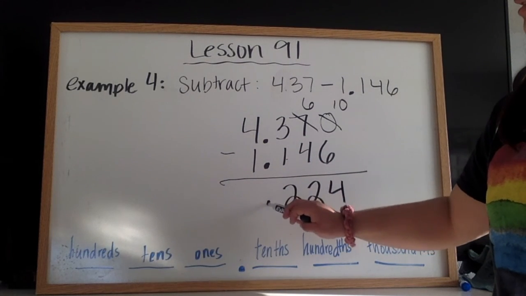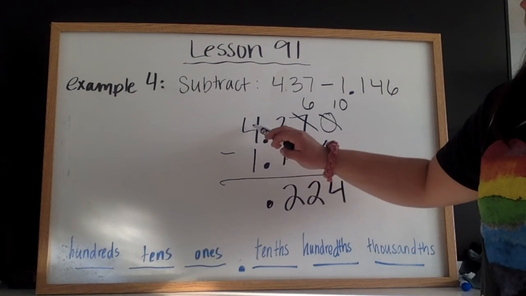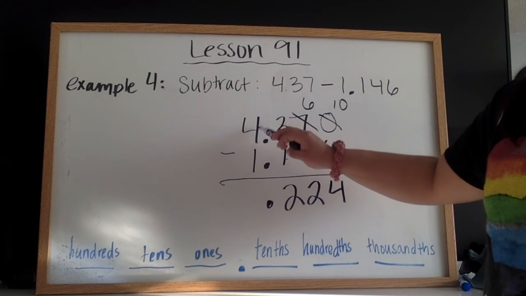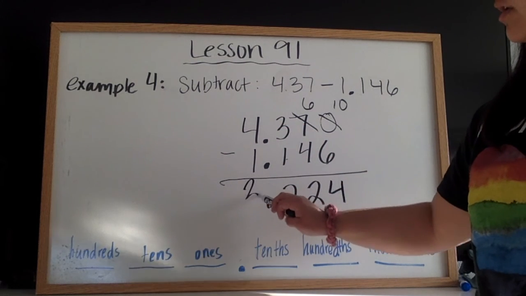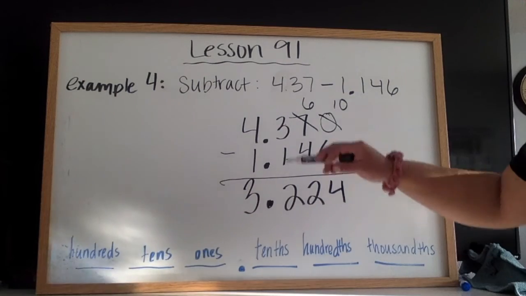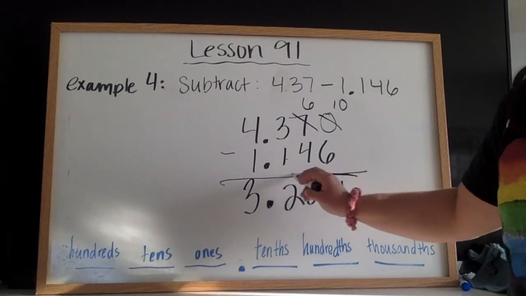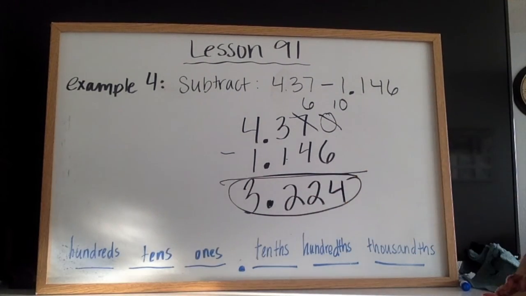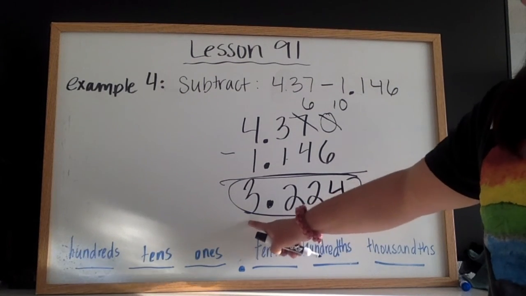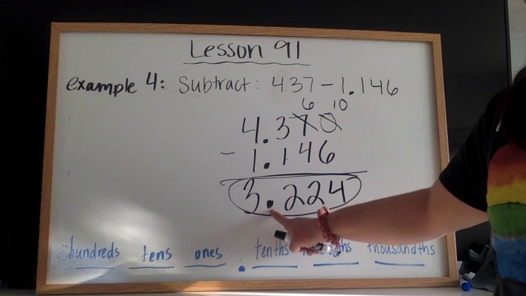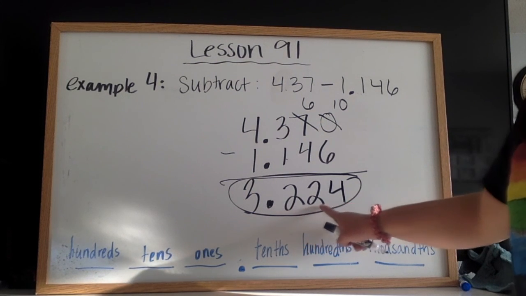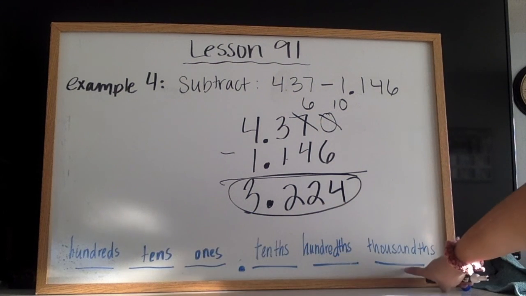Bring down the decimals. And then we can do the last place. 4 minus 1 is 3. So when we subtracted these, we should get 3.224, or if you're reading it properly, it should be 3 and 224 thousandths.